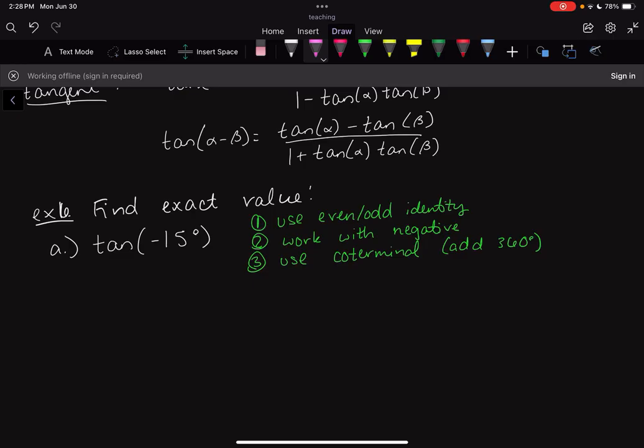So for tangent negative 15 degrees, we want to think about 2 angles that we could add or subtract to get to negative 15. So of course, I do recommend you pausing and maybe trying this one out on your own. It's pretty similar to other ones. The simplifying is a little hard on it though.